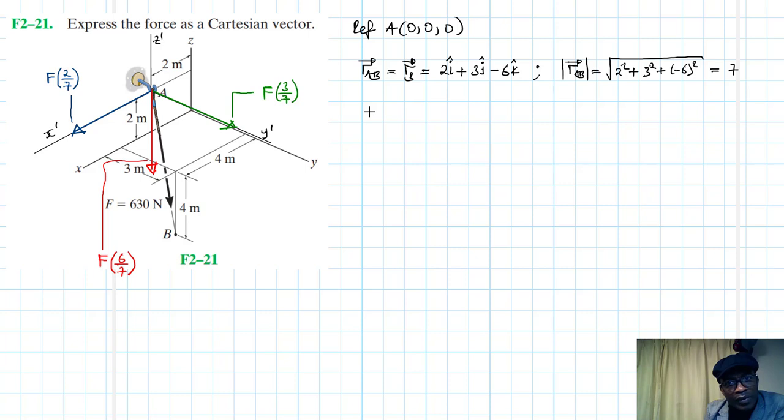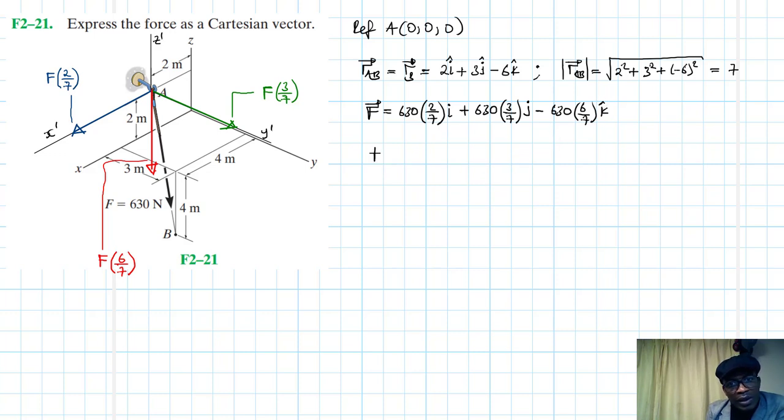So therefore our force is just equal to F, the x-axis, that is a positive, the magnitude is 630, so it is 630 by 2 divided by 7 i plus 630 and times 3 positive also divided by 7 j, and minus 630 by 6 over 7 k.